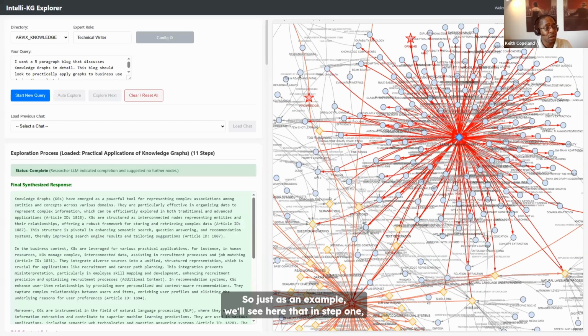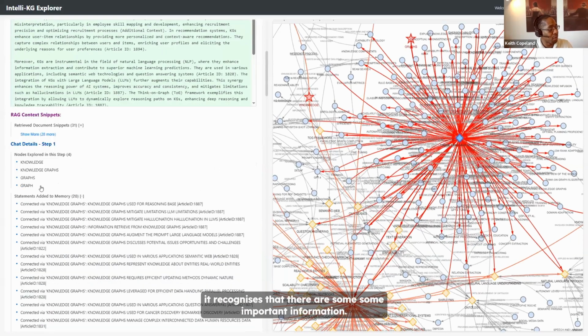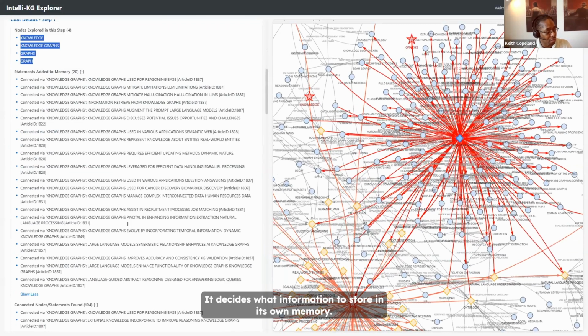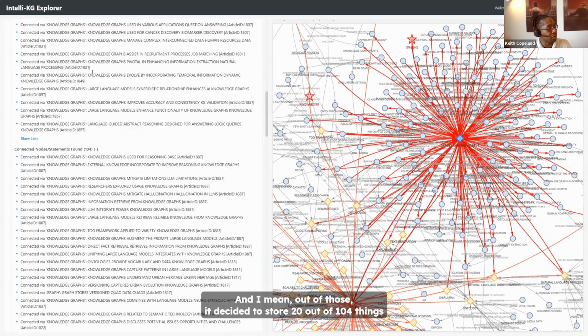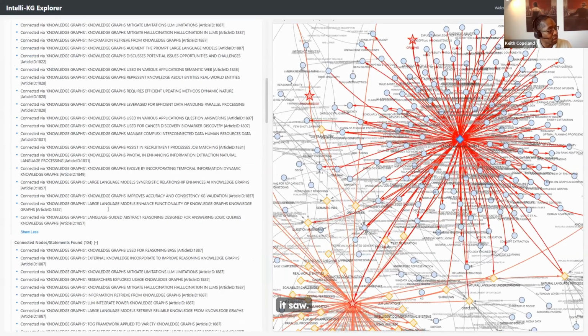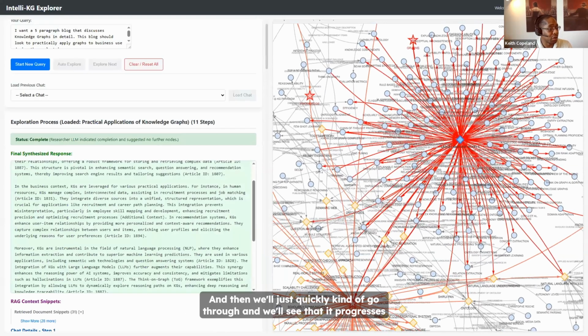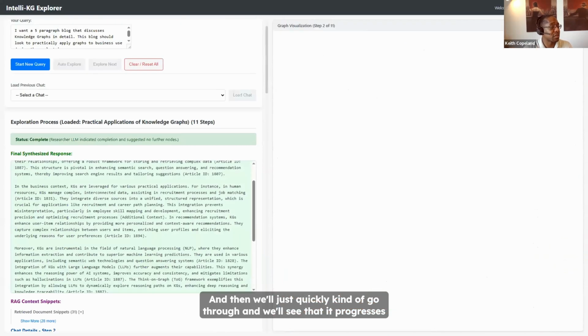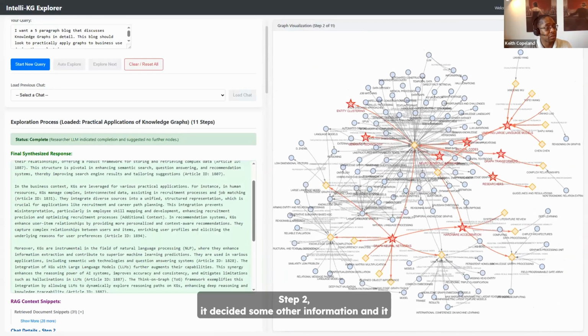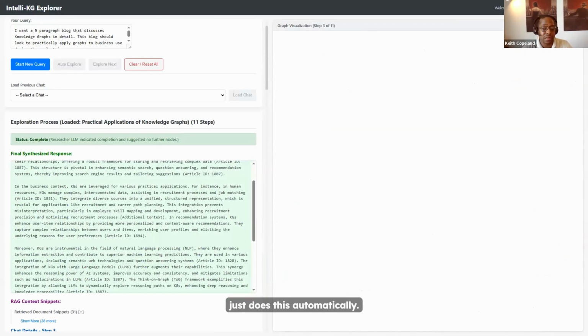So just as an example, we'll see here that in step 1, it recognizes that there is some important information. It decides what information to store in its own memory. And out of those, it decided to store 20 out of 104 things it saw. And then we'll just quickly go through and we'll see that it progresses through this graph on its own. Step 2, it decided some other information, and it just does this automatically.